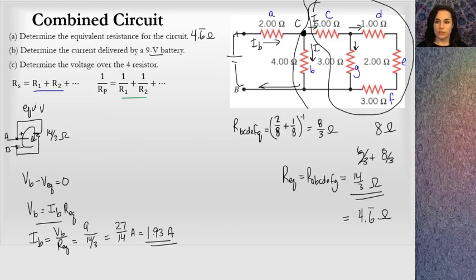The last thing it wants us to solve for here is the voltage over the 4 ohm resistor. Okay, so it picked an easy resistor at least to get to. If I do a Kirchhoff's voltage loop just on the left side of my circuit here, I'll just do voltage rises and drops over here.